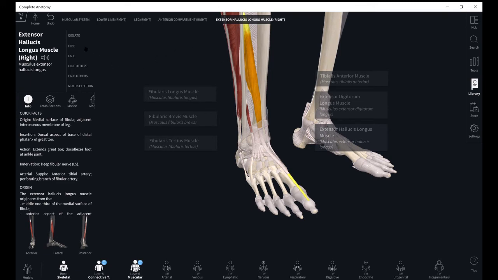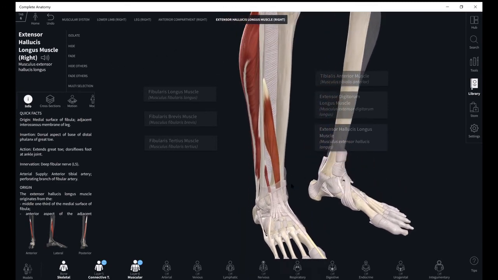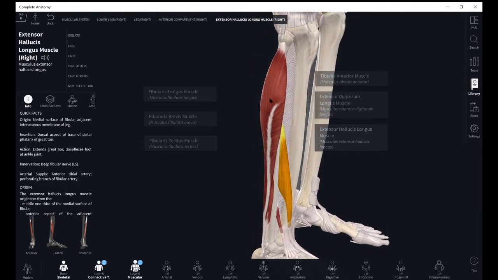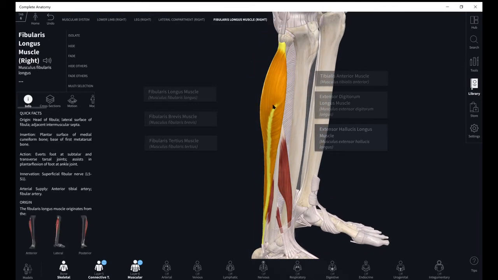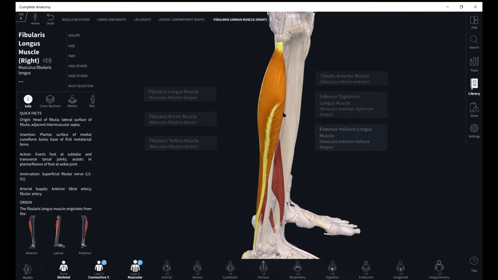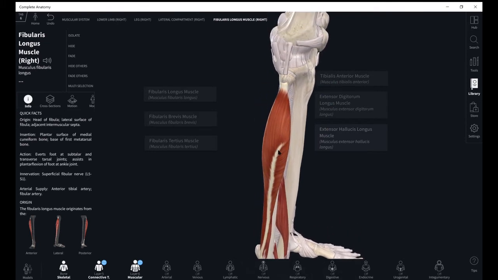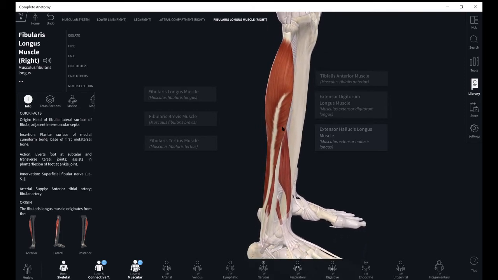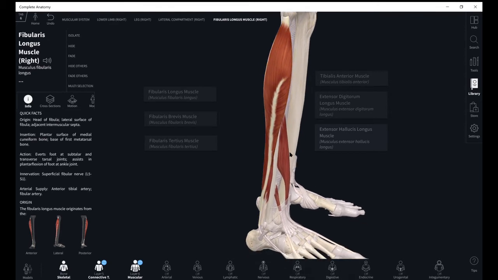Okay, and I'm going to leave that one in place. Let's move up to Peroneus Longus or Fibularis Longus. Its origin is going to be the head of the fibula, the lateral surface of the fibula and the adjacent intermuscular septa. It inserts into the plantar surface of the medial cuneiform at the base of the first metatarsal.